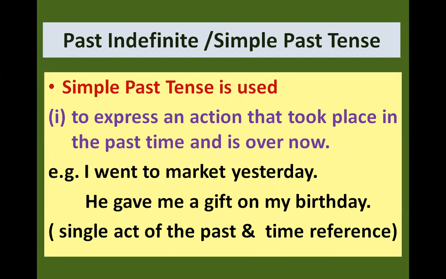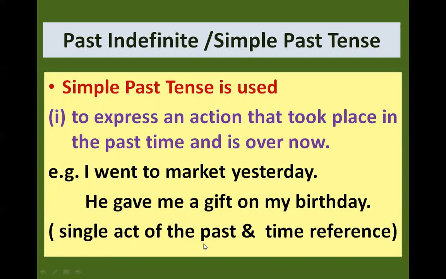Simple past tense is used to express an action that took place in the past time and is over now. An action happened at some point in the past, but now it is not happening in the present. Basically, what you have to take care about simple past tense is that it is expressed for actions which have a single act.